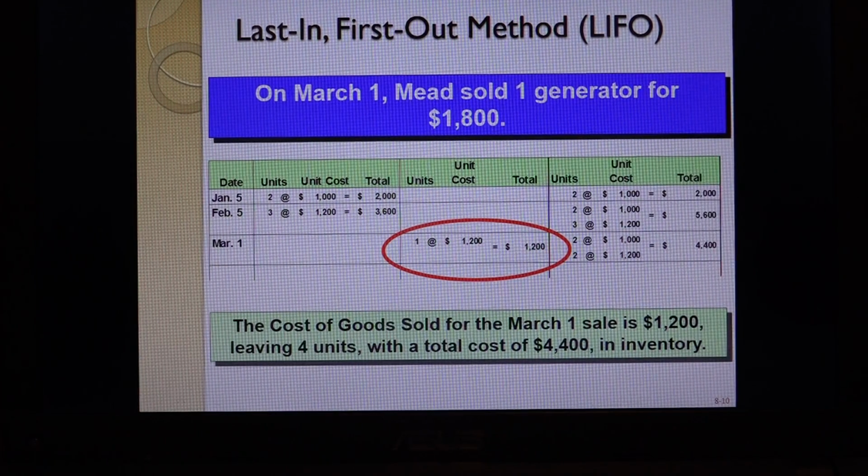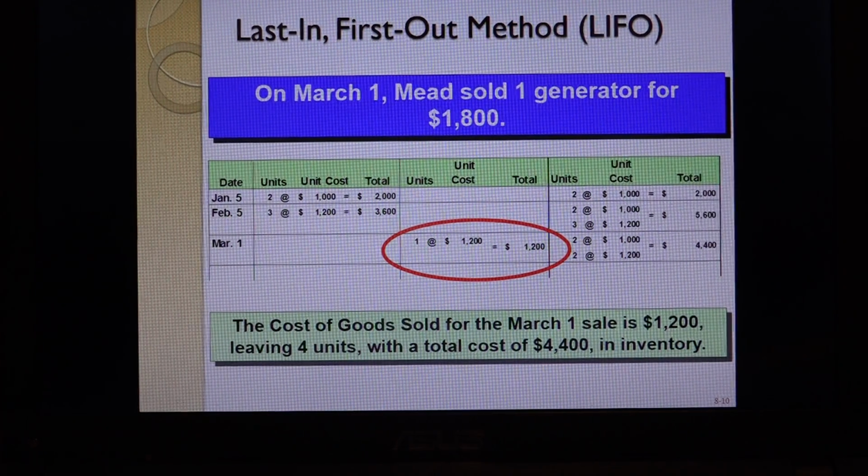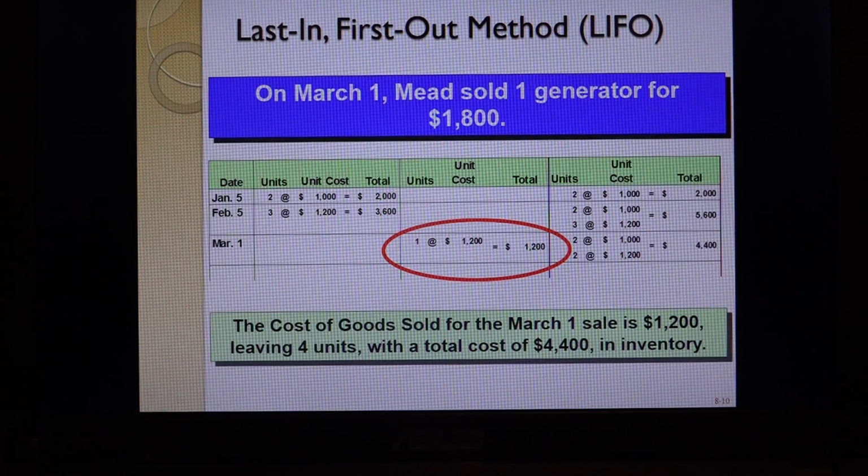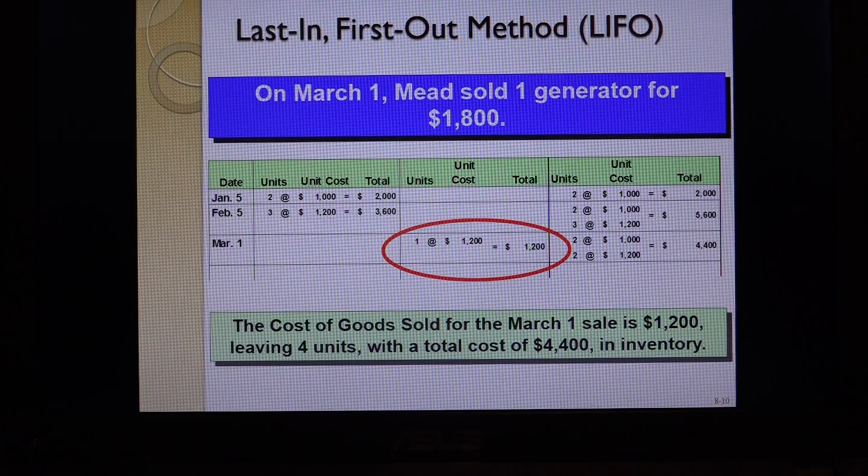And last but not least, pardon the pun, last in, first out. Now we call first in, first out FIFO and last in, first out LIFO. Here we assume that the last items that we purchased are the first ones sold. Why in the world would you do that? Again, these are cost flow assumptions. This has absolutely nothing to do with the actual movement of inventory.